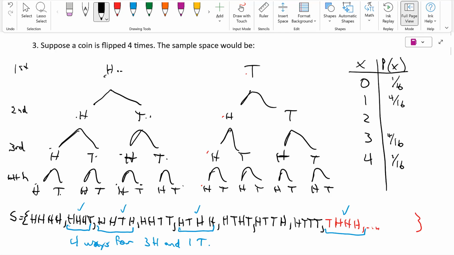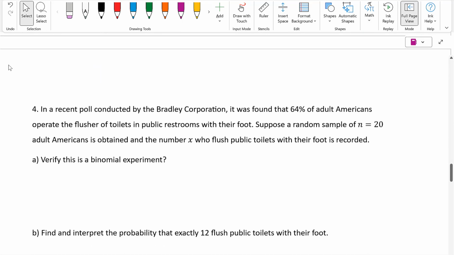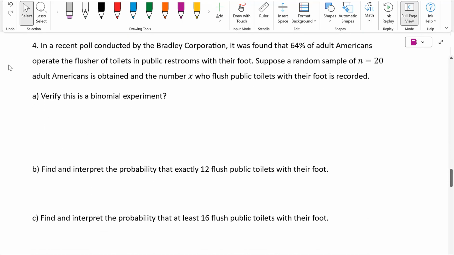So 4 out of 16 for 1 head and 3 tails, or 3 heads and 1 tail. Let me throw a number of heads here so we're not confusing that. And then to make this add up to 1, we have 10 out of 16 left over, so we'd have a 6 out of 16 probability of getting 2 heads and 2 tails. All right, so instead of trying to look at all this and adding up different probabilities, we've got a binomial calculator on StatCrunch that we're going to use.